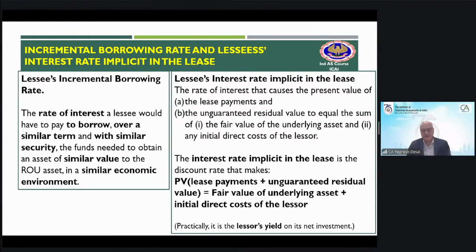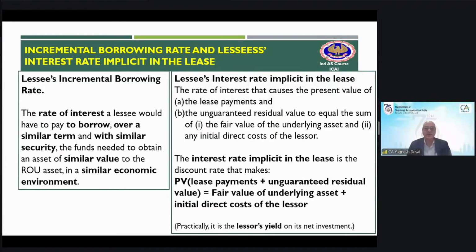Now they say that in that case, the lessee has to measure the present value of the lease payments using the lessee's interest rate which is implicit in the lease. The rate which is implicit in the lease has to be used first. If that is not available, then the lessee has to use the incremental borrowing rate.